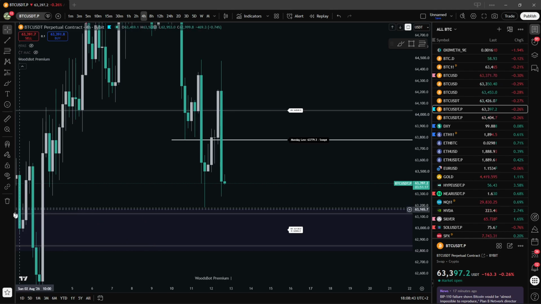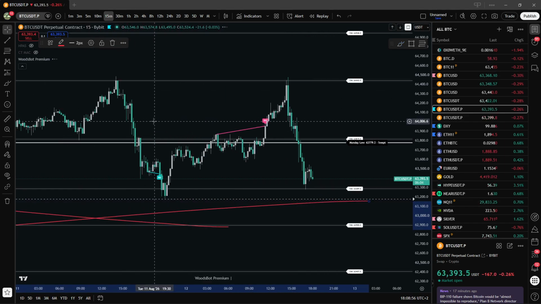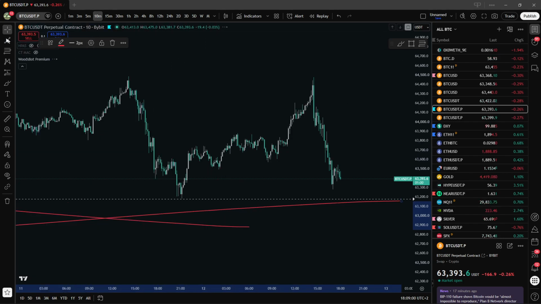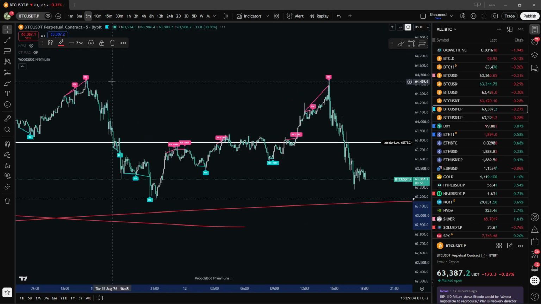Actually, clean everything up. So what I did is I saw Bitcoin reaching for this confluence zone, not quite hitting it yet. It also didn't have any bearish divergence. If you look at the 30-minute chart, there was no bullish divergence. On the 10-minute there was, and then the 5-minute as well.